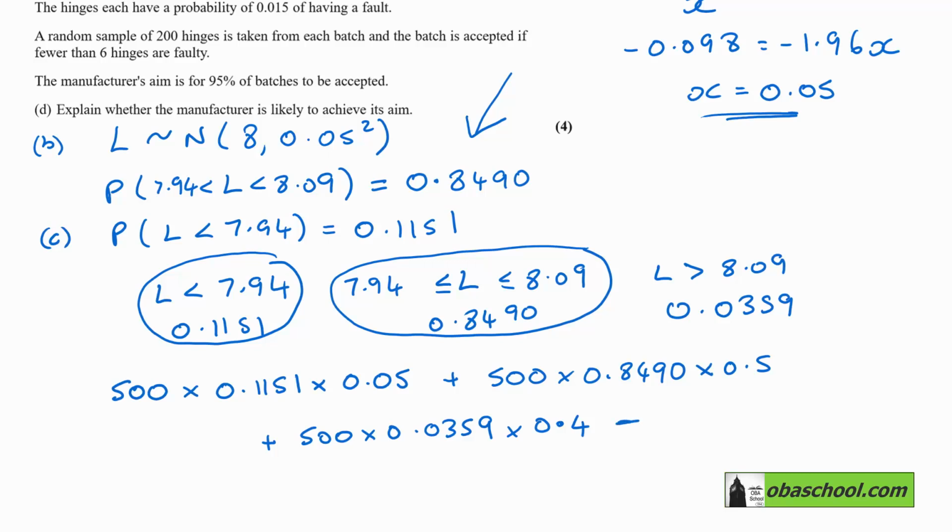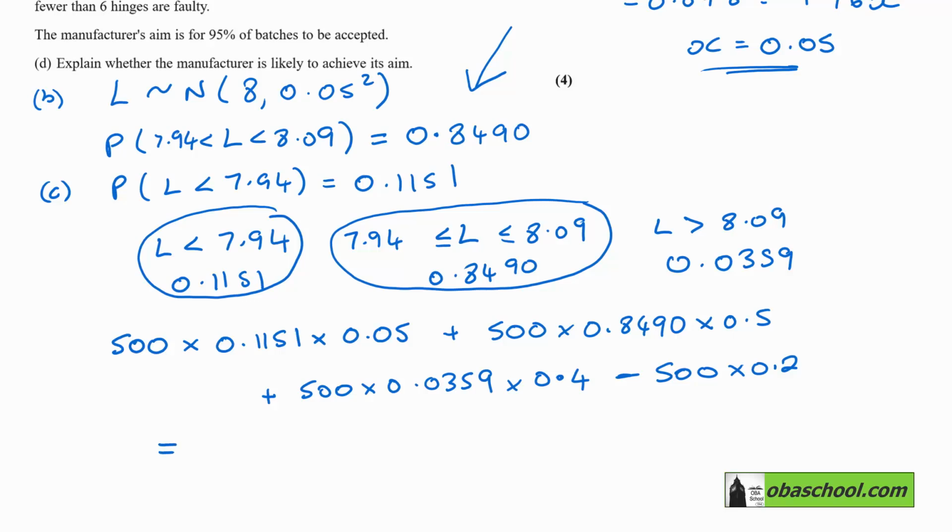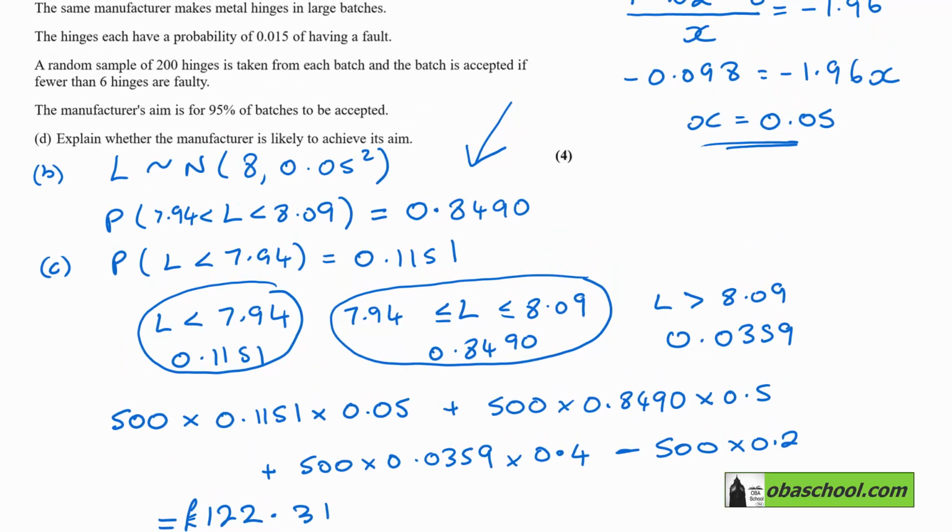The cost of manufacture is 500 times 0.2. If we calculate all of that, we get 122.31, and we want that to the nearest pound, which is 122. So let's move on with the question.